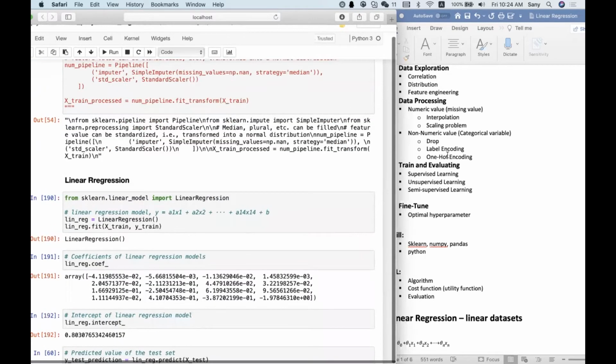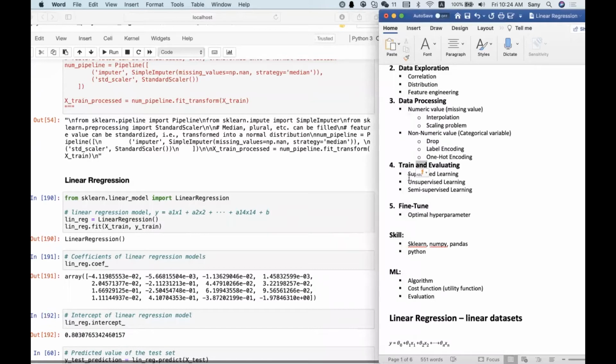Okay, this is the primitive work we should do for training the machine learning algorithms. And now we will step forward. We will step inside some specific machine learning algorithm. And in this lecture, we will focus on the most simple one.